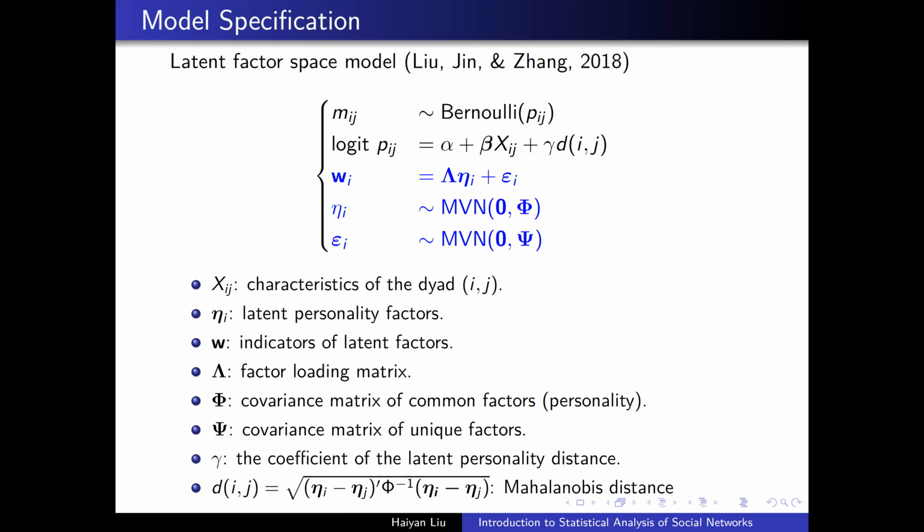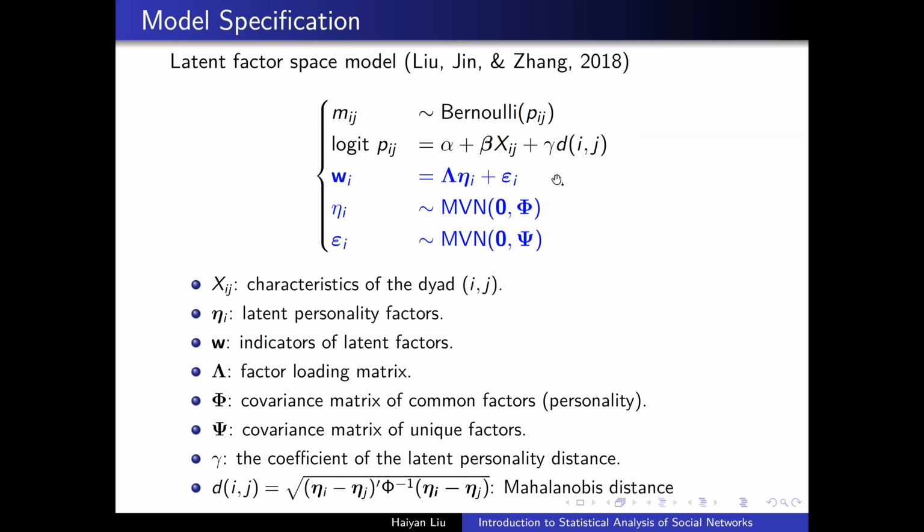Now, we would like to use the latent factors, such as personality factors, to predict the network. Here, D_ij is not the distance in Euclidean space, but the distance between the two factor scores of student i and student j. Gamma is the coefficient of latent personality distance.